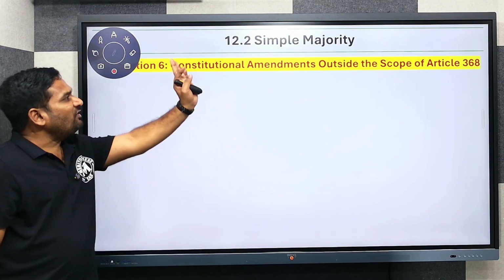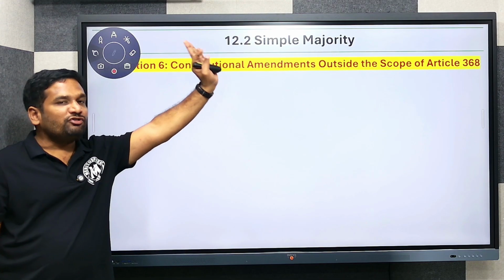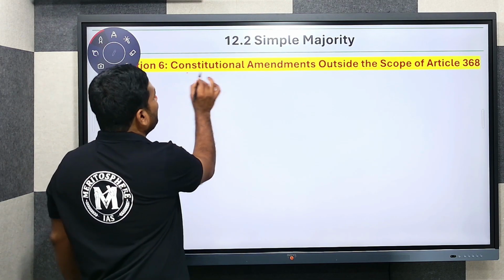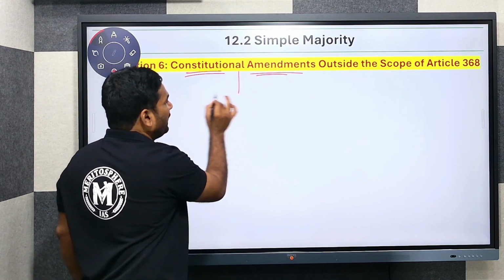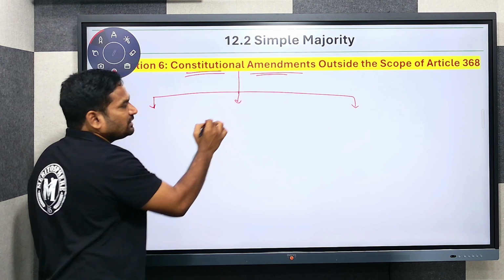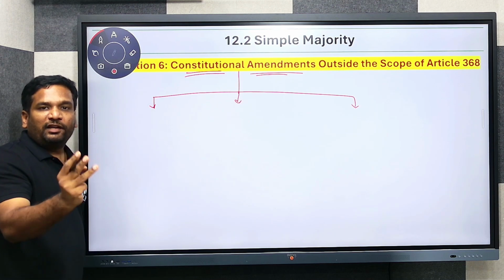Right. So application 6 here is constitutional amendments outside the scope of Article 368. The amendment of the constitution can be made in three different processes through three different majorities.